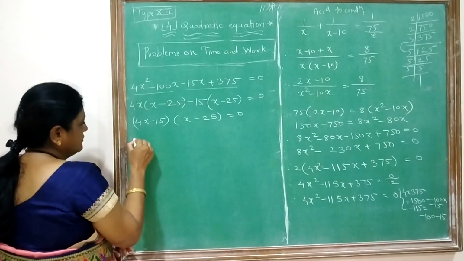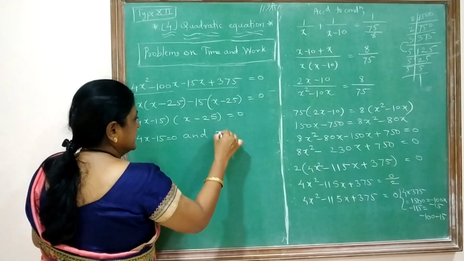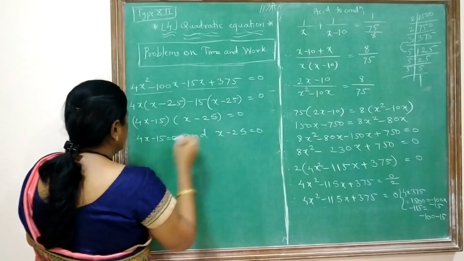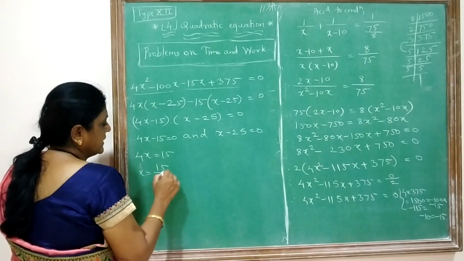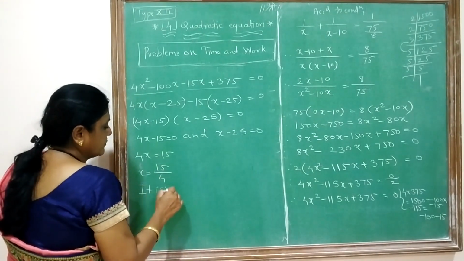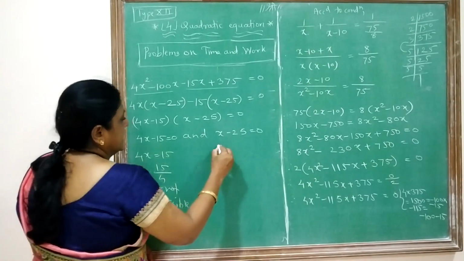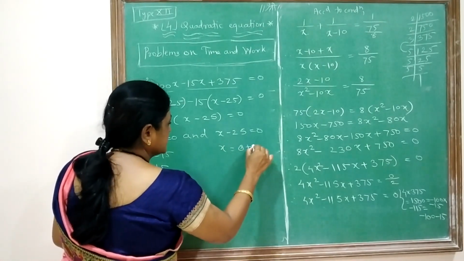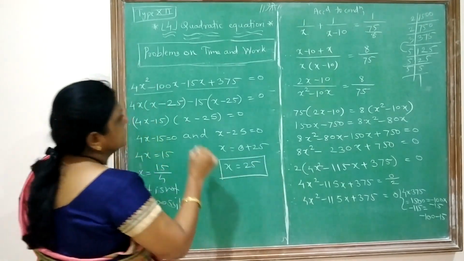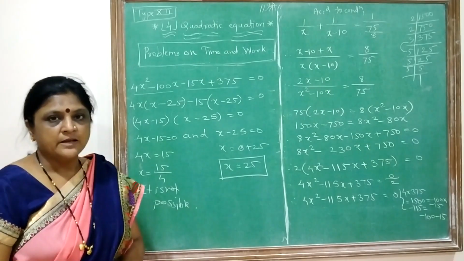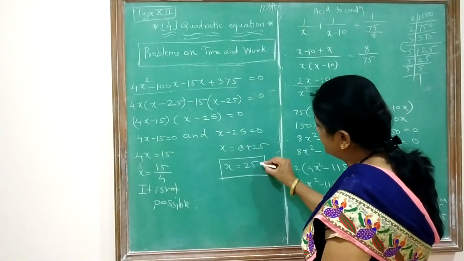Separating them, 4x minus 15 equal to 0 and x minus 25 equal to 0. Then 4x equal to 15, x equal to 15 by 4, and it is not possible. And x equal to 25, and this is your answer. x equal to 25 hours.